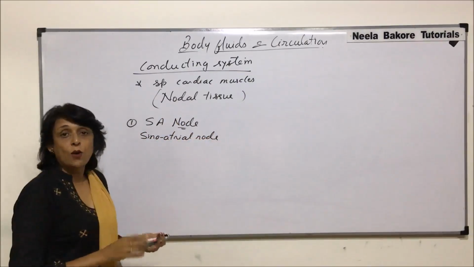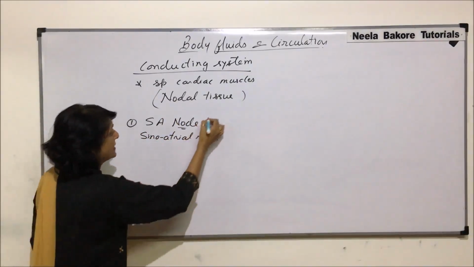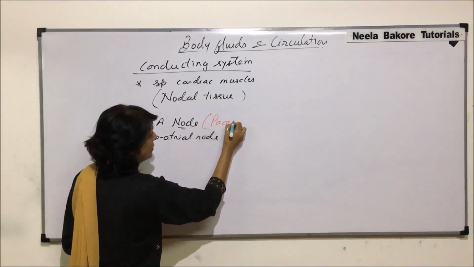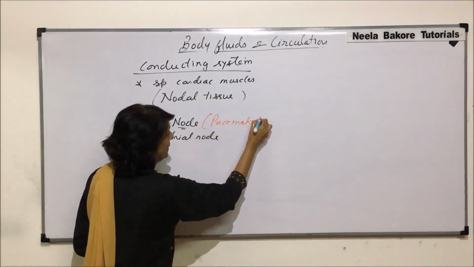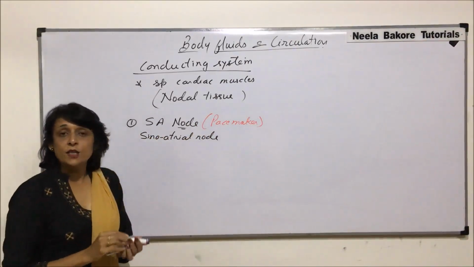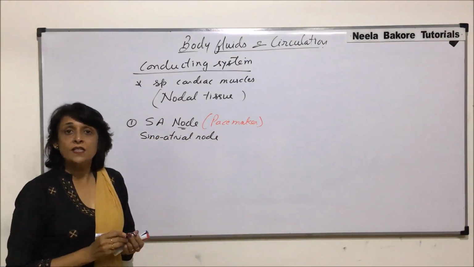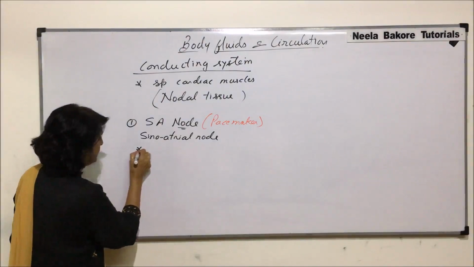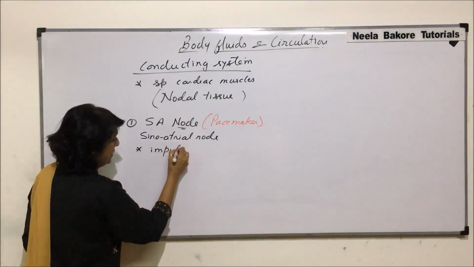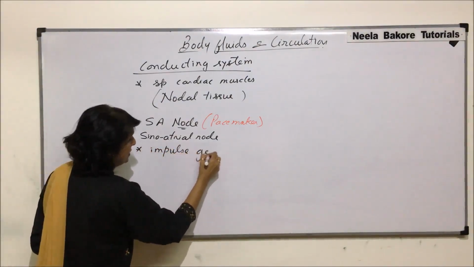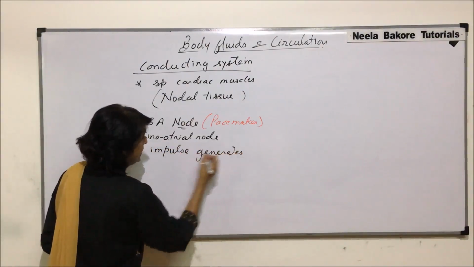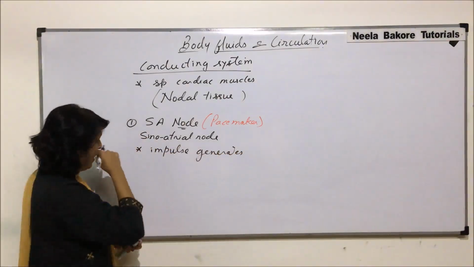And this SA node is also known as the pacemaker of the heart. That means this is the place from where the impulse is generated. Impulse generates here in this SA node.